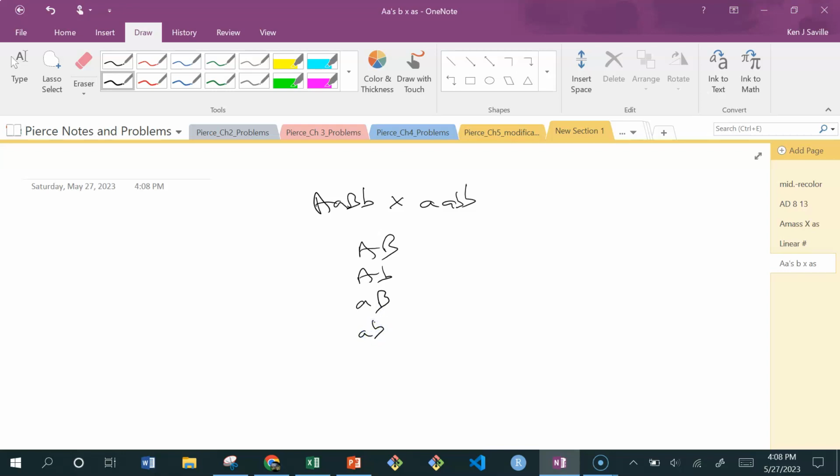If they're all equal, the genes are unlinked. And if two are more than the others, then those are the parentals. The other ones are the recombinants. Let's say these guys are the parentals. There will always be two parentals and two recombinants. And most of the time it'll look like this. We'll come back and show some other things next time around. All right, so we'll leave it at that.